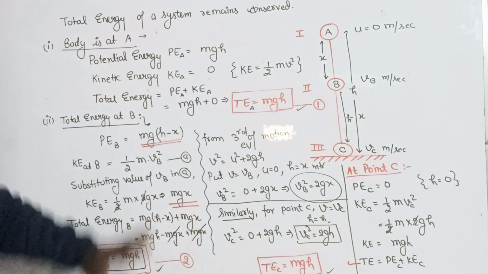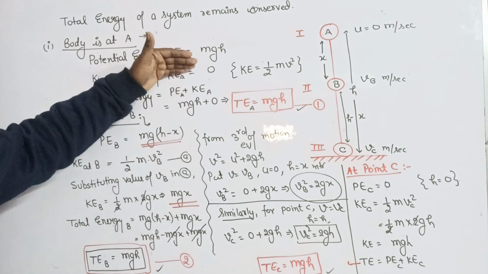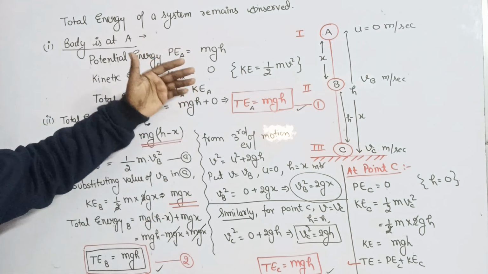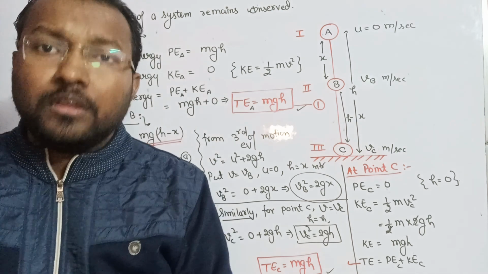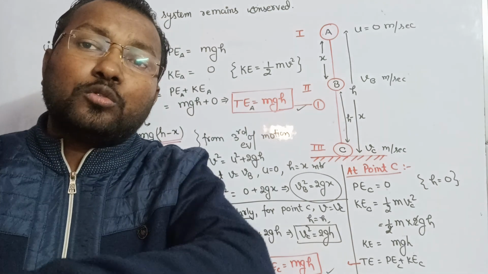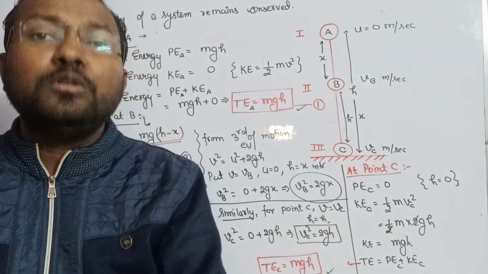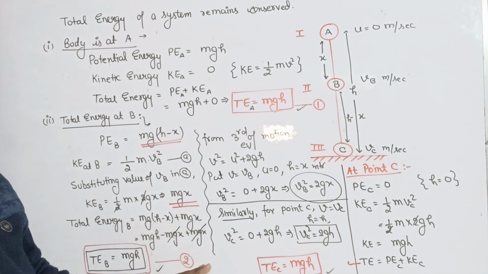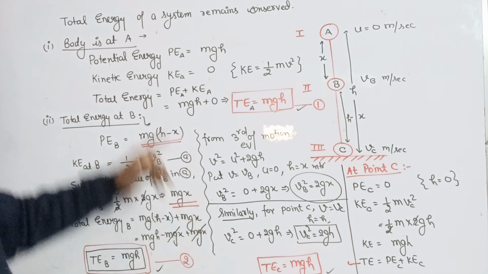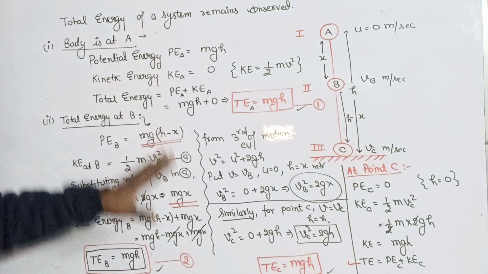Only the variation may be in its potential energy and kinetic energy. Somewhere the potential energy will be zero and somewhere it will be maximum. So these energies are going to interchange from one form to another. That is why it is said that energy can neither be created nor destroyed, it is just transformed from one form to another, right?